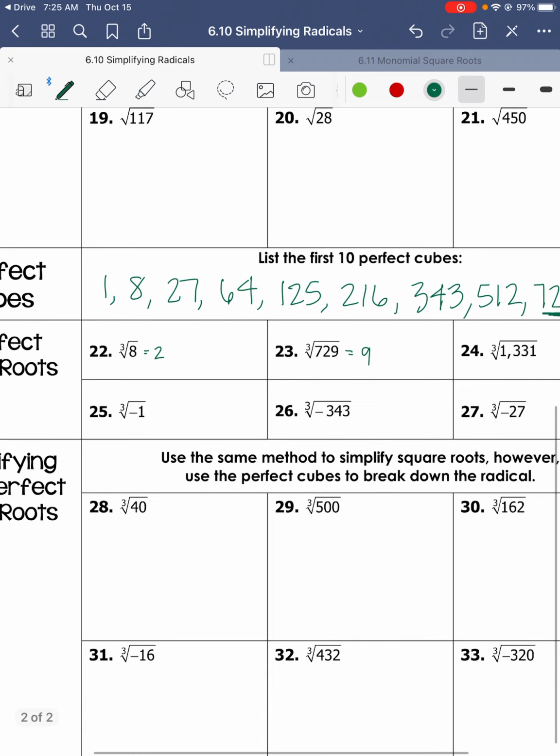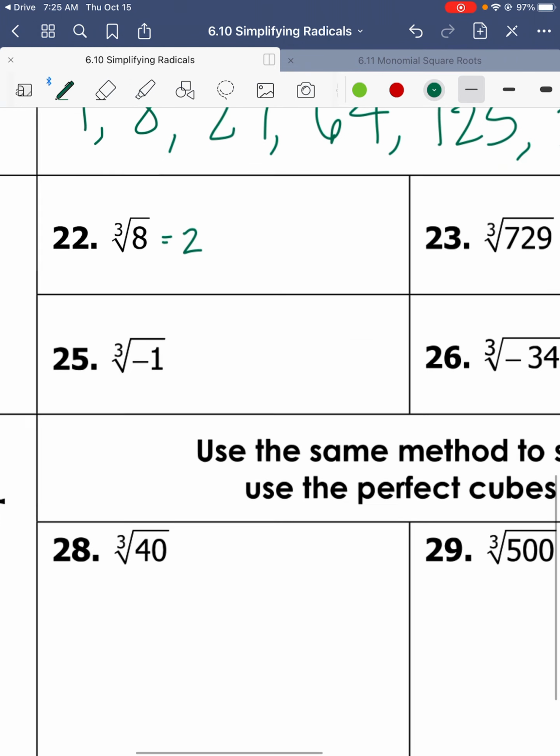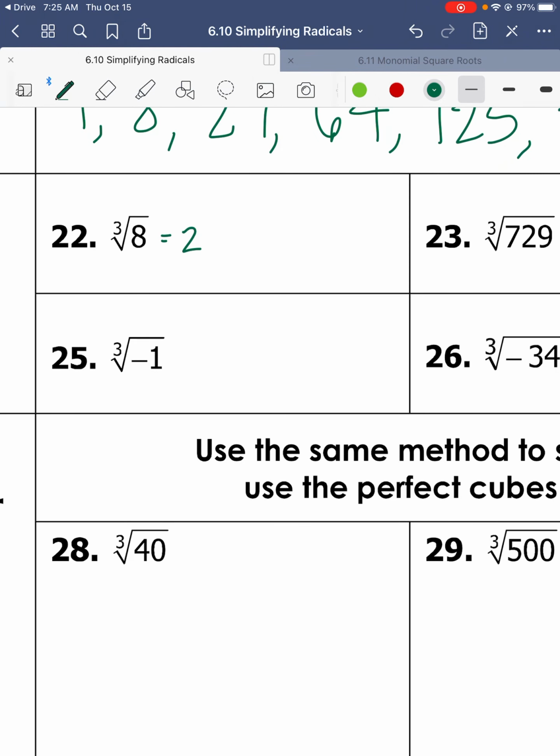This is where the cubed root gets a little bit different from the square root because we are allowed negative numbers in here, right? So the cubed root of negative 1 is equal to negative 1. Because if we have negative 1 times negative 1 times negative 1, a negative times a negative is a positive, and then we multiply it by a negative again, it's going to be equal to a negative, okay?